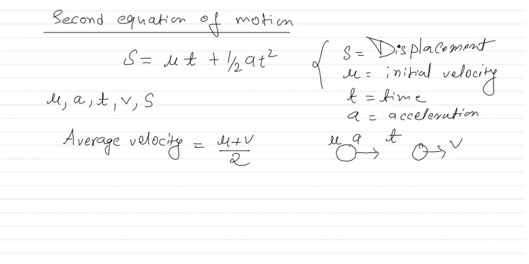Now it covered some displacement or distance s in time t. So the average velocity will be u initial velocity plus final velocity upon 2. We have discussed that the average velocity is total distance upon total time, and also this average velocity is initial velocity plus final velocity upon 2.